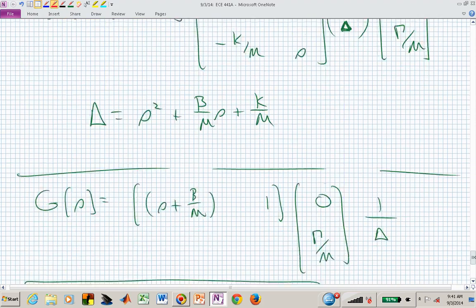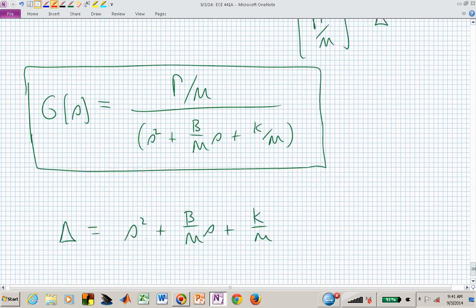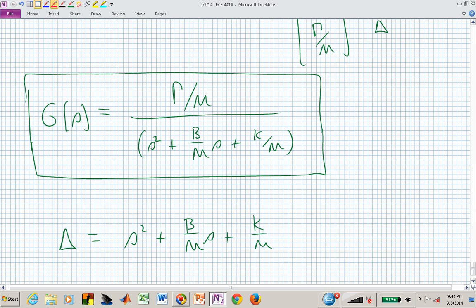That gave rise then for our particular mass spring damper of the same transfer function g of s that we had obtained from the two earlier approaches.